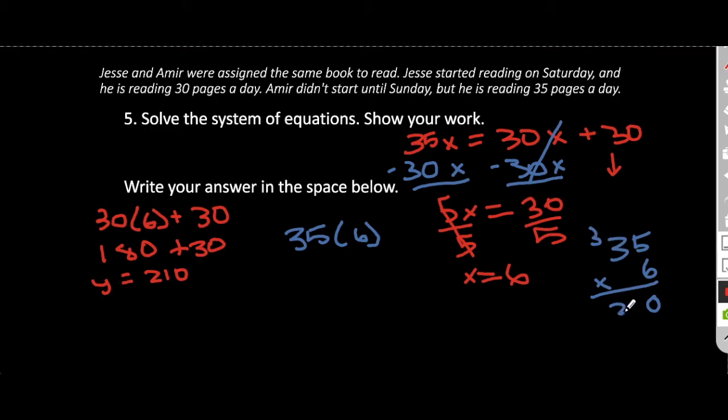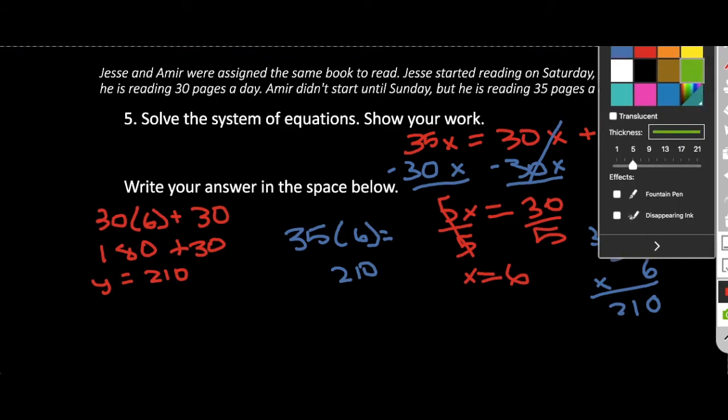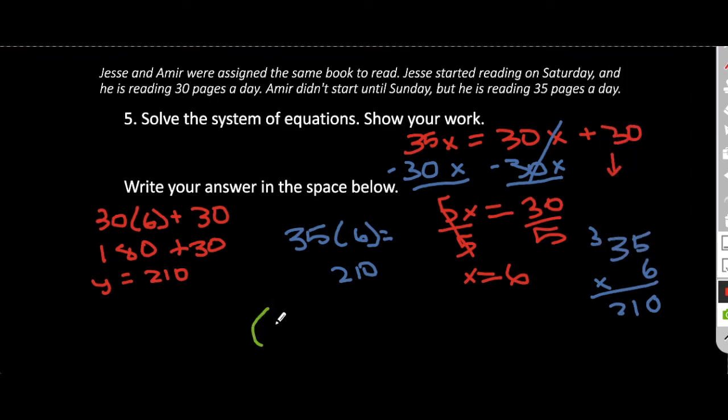Plus 3 is 21. So with both equations, when I plug in x, I get 210. So my solution is x being 6, and then y is 210.